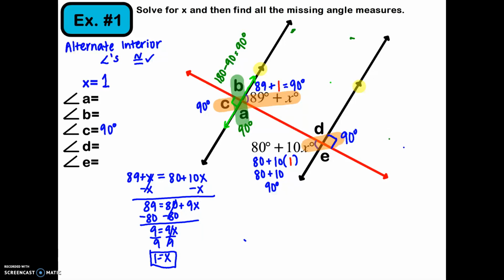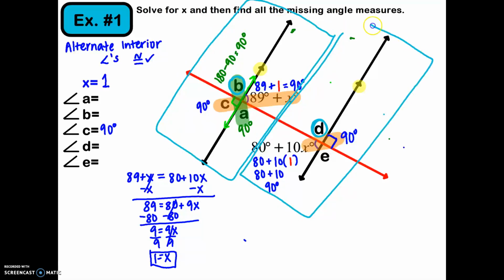And I know that there is also an angle relationship between, I know it's getting crazy here, between B and D. If you just look at the two sets of intersecting lines, B and D are in the exact same spot.